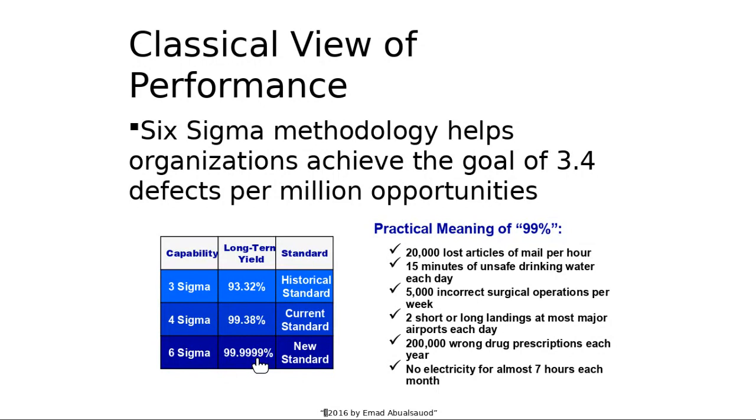And that leads to only 3.4 defects per million opportunities. What does it mean? Per million opportunities, that means if you repeat the step, where a defect can appear a million times, you will have only 3 defects. So this number will definitely reduce to almost nothing compared to what you have seen under the 99%.